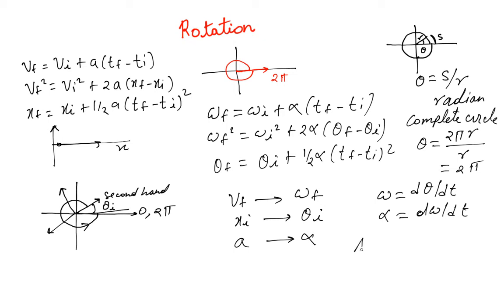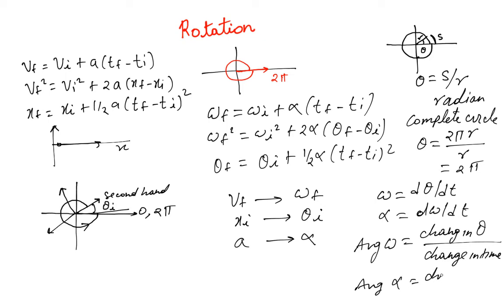And average omega is change in angle, change in theta, divided by change in time. Similarly, average alpha is change in omega over change in time.